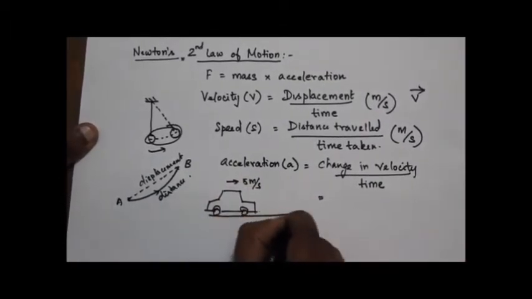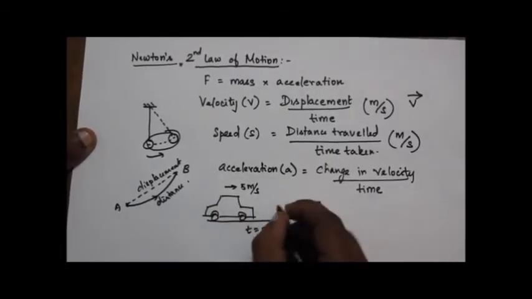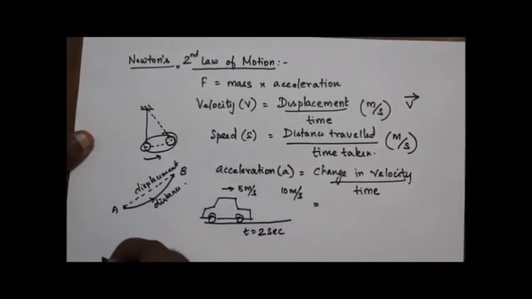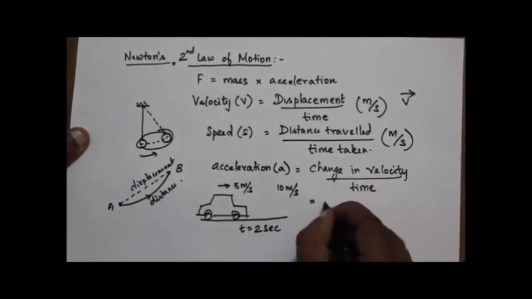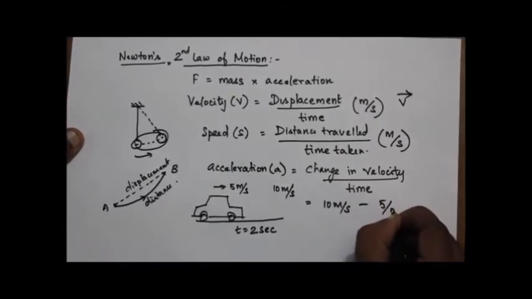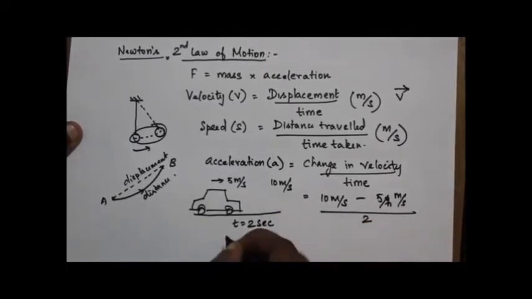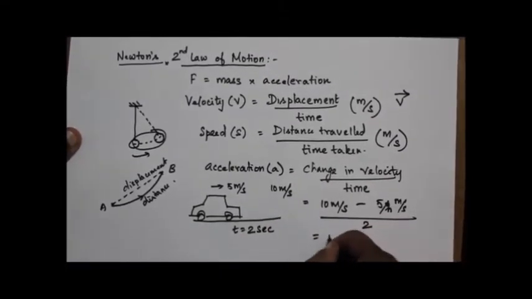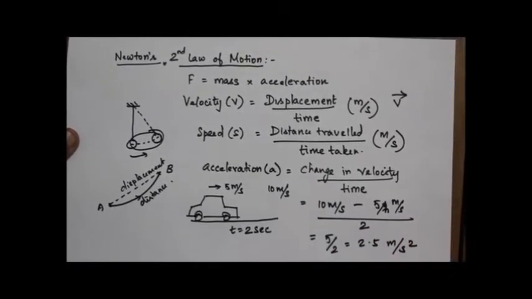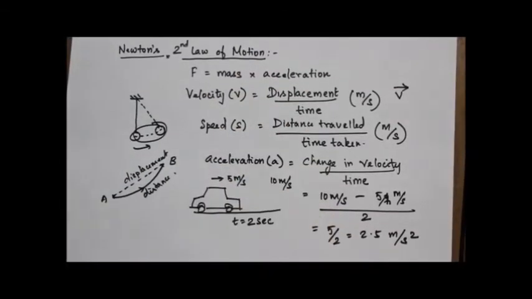After some time t, which is 2 seconds, it has gained a velocity of around 10 meters per second. Now what is the acceleration? Change in velocity, that is 10 meters per second minus 5 meters per second, by the time taken, which is 2. So the acceleration comes to be around 2.5 meters per second square. So these are the basics of velocity, speed and acceleration.